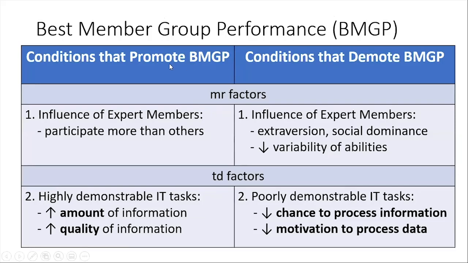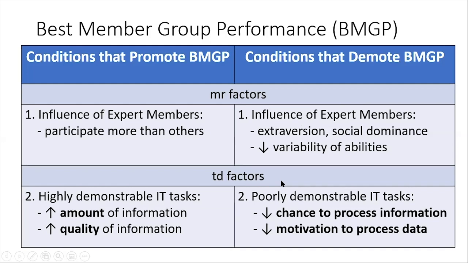Let's talk about what demotes and promotes it. Best member group performance, BMGP. MR factors that promote it are if the expert members speak more than the other persons, and whether the tasks are highly demonstrable. However, factors that demote BMGP are whether the expert members have to talk but the factors that allow them to participate are not related to the task, and whether the tasks are poorly demonstrable.